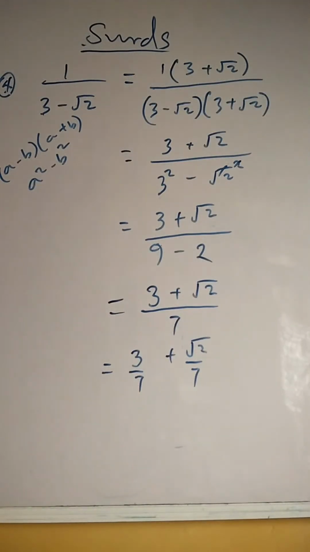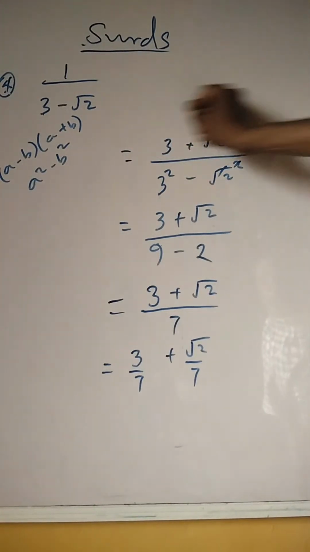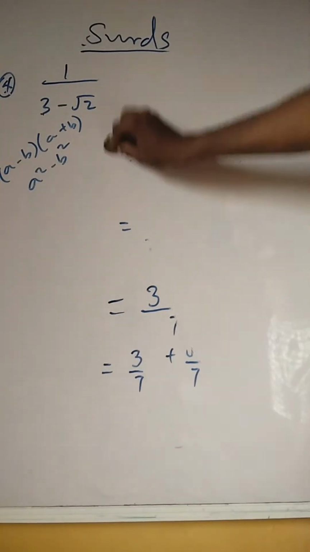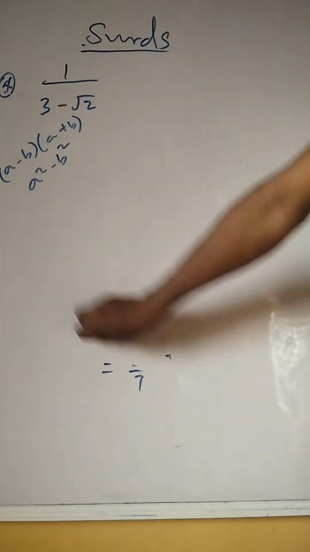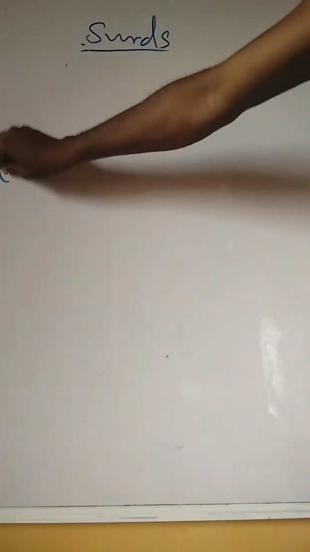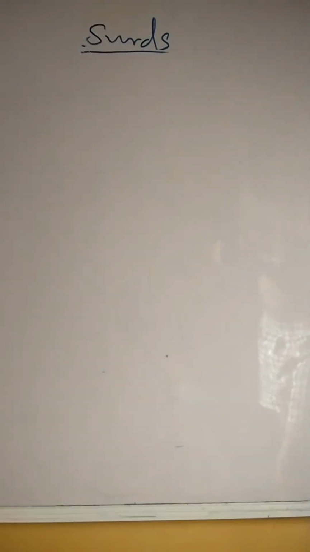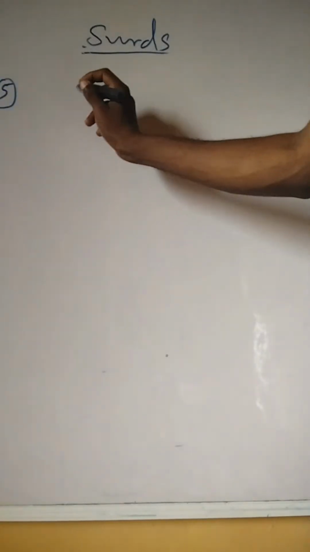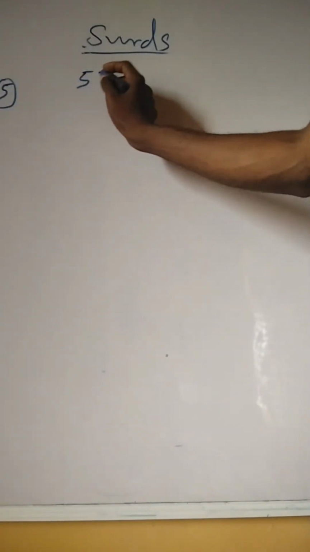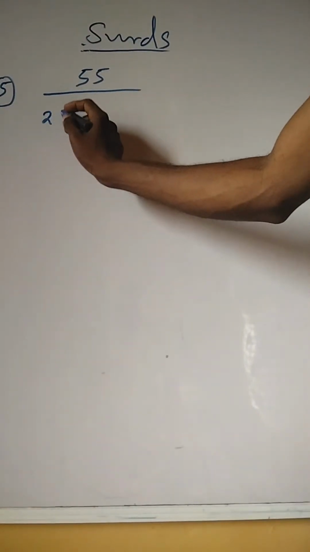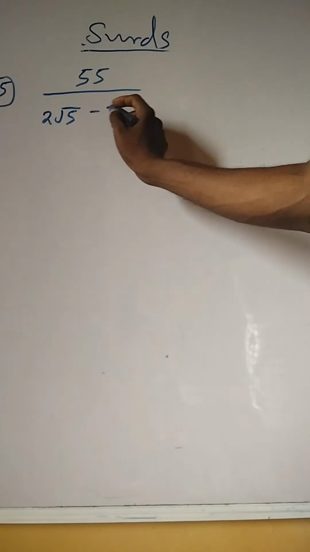Now, let's consider another form, which is number 5 here. So let's label this as number 5. And also we have to simplify 55 divided by 2 root 5 minus 3.